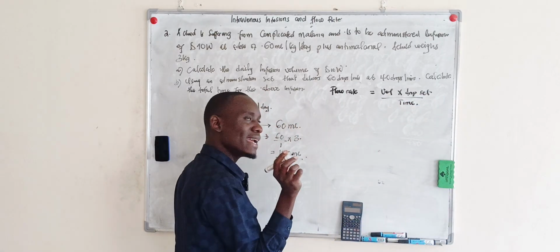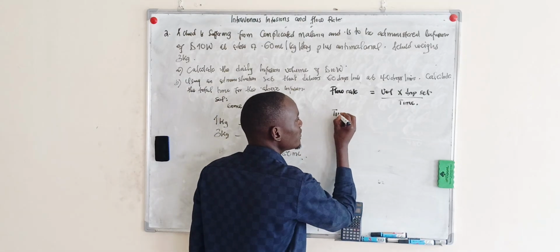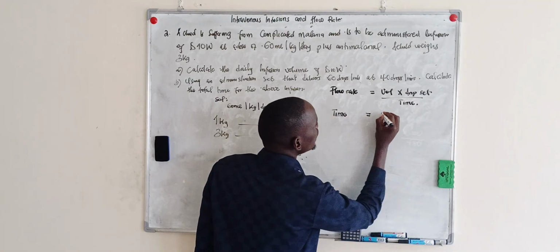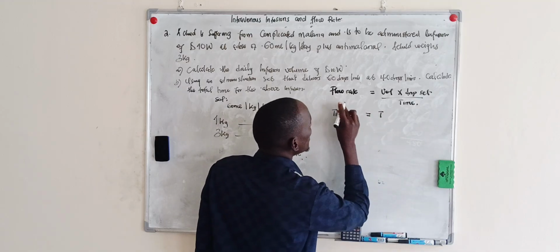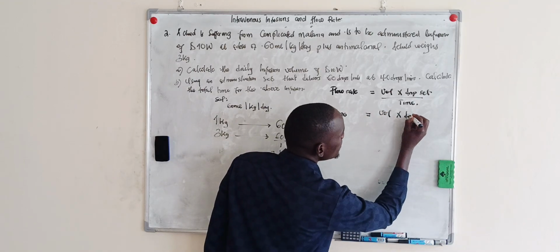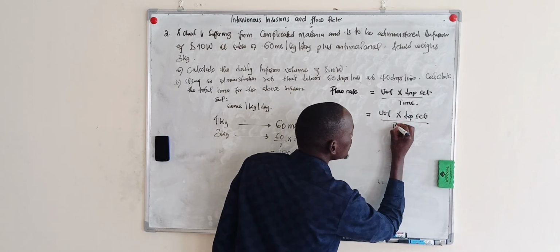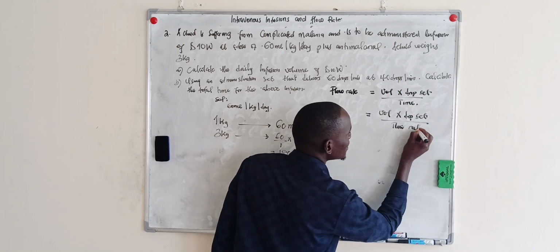But our main aim here, we are looking for time. So we shall make time the subject of the formula, where we shall now have volume times drip set divided by flow rate.